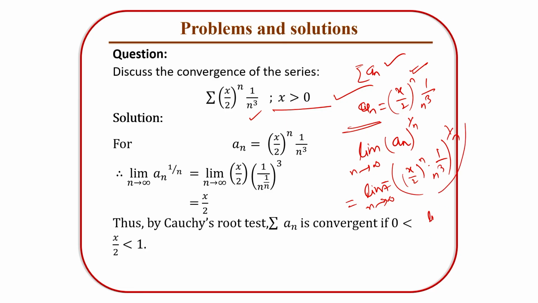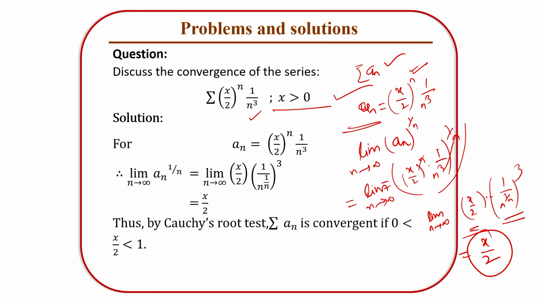The n cancels out here, and this gives you (n to the power 1 by n) the whole to the power 3, right? So that gives 1, and the limit is x by 2.